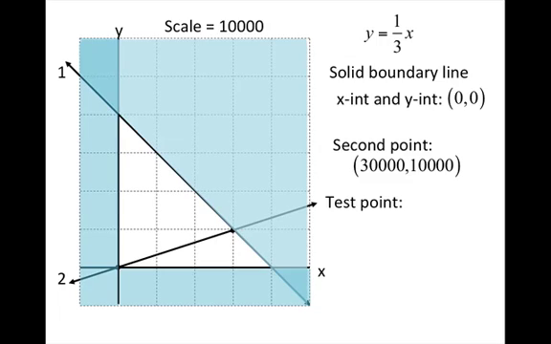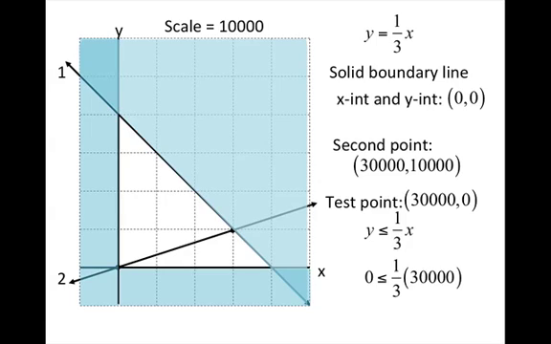Now this time for my test point, I cannot use 0, 0 because the line goes through 0, 0. So I'm going to use 30,000, 0. That would be this point right here. So I'm going to plug in 30,000 for x and 0 for y. So go to the y is less than or equal to 1/3 x, and I get 0 is less than or equal to 1/3 times 30,000.